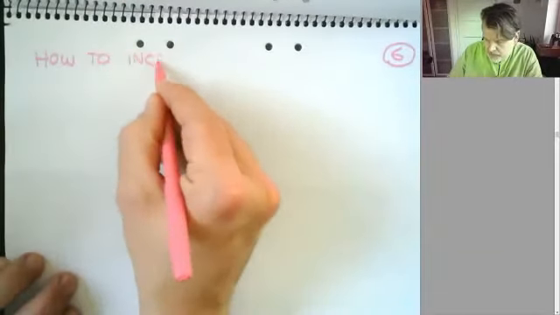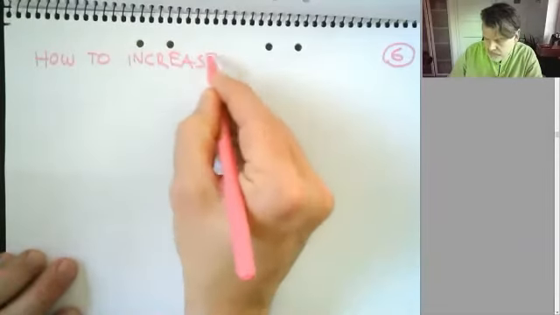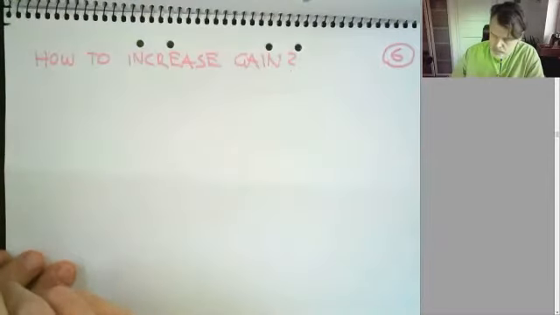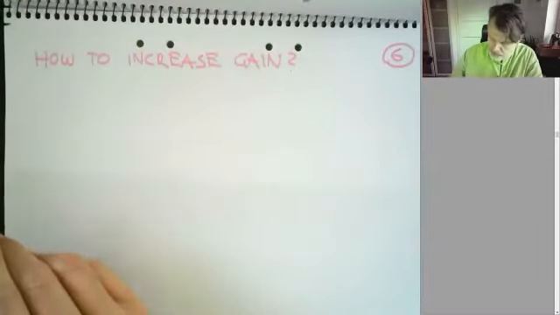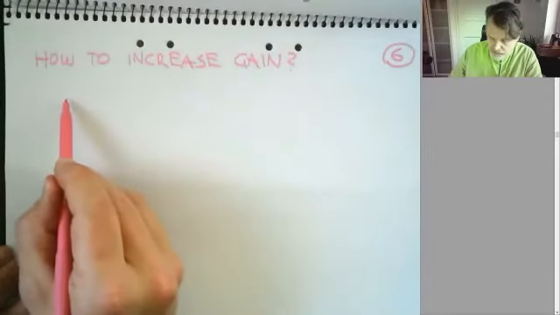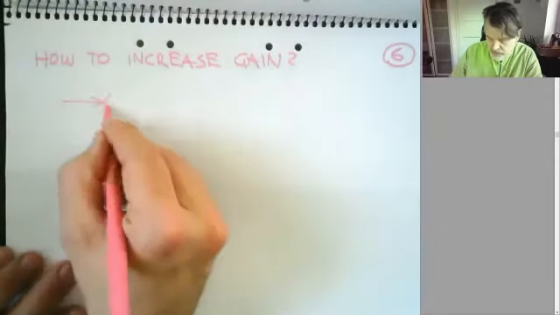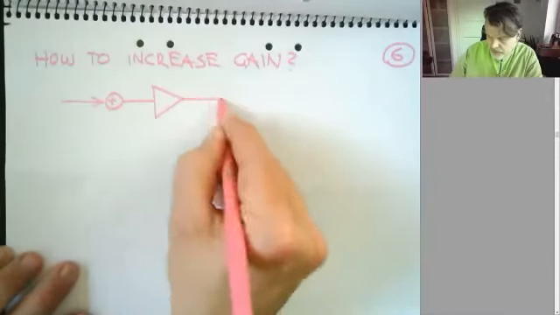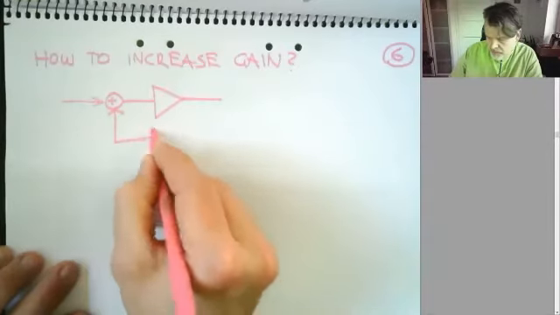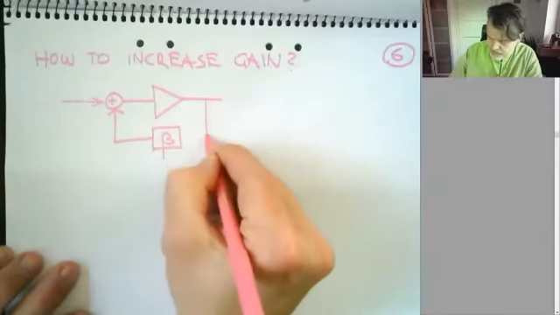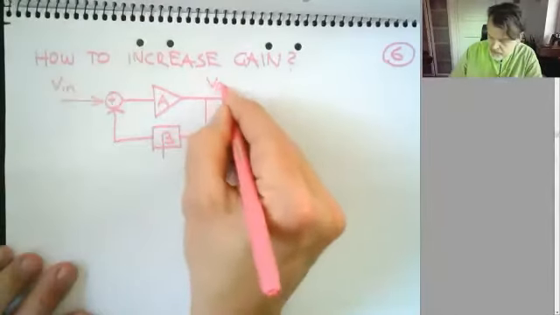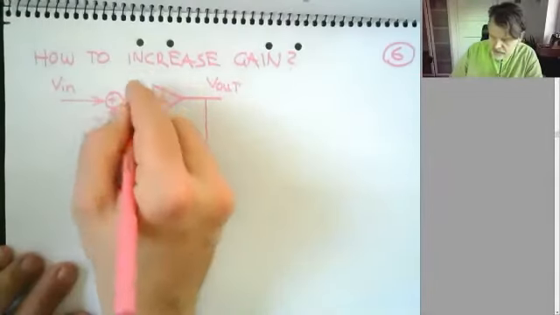So, how to increase gain. And why do I want high gain to begin with? Well, it's in my feedback loop, where you have some sort of system. From control theory, we have some beta feedback factor to an amplifier, and you have V in here, and you have V out, and you have a minus, and you have an epsilon.